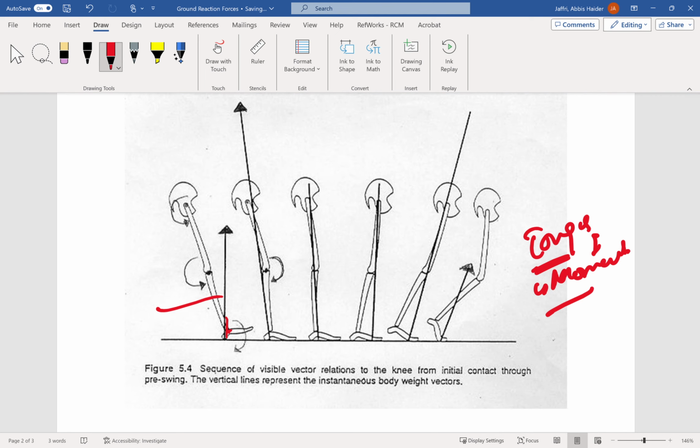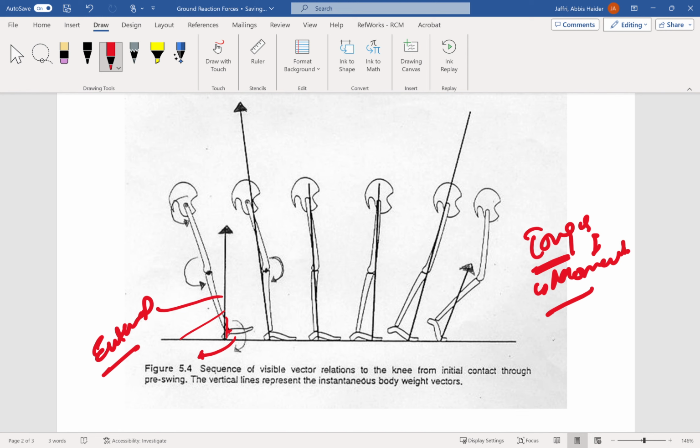So when the ground reaction force is posterior to your ankle joint, okay, then it produces a torque there, which I'll call a moment. That is external, since it is coming from a force that is outside of the body, the ground reaction force. If it's posterior to the ankle joint, then it would pull the ankle backwards, and then the ankle needs to go down.